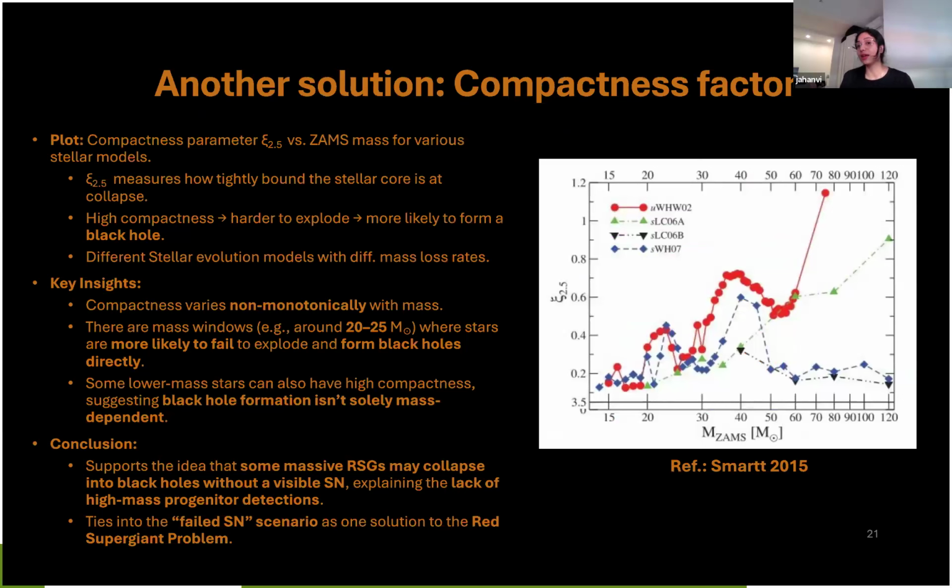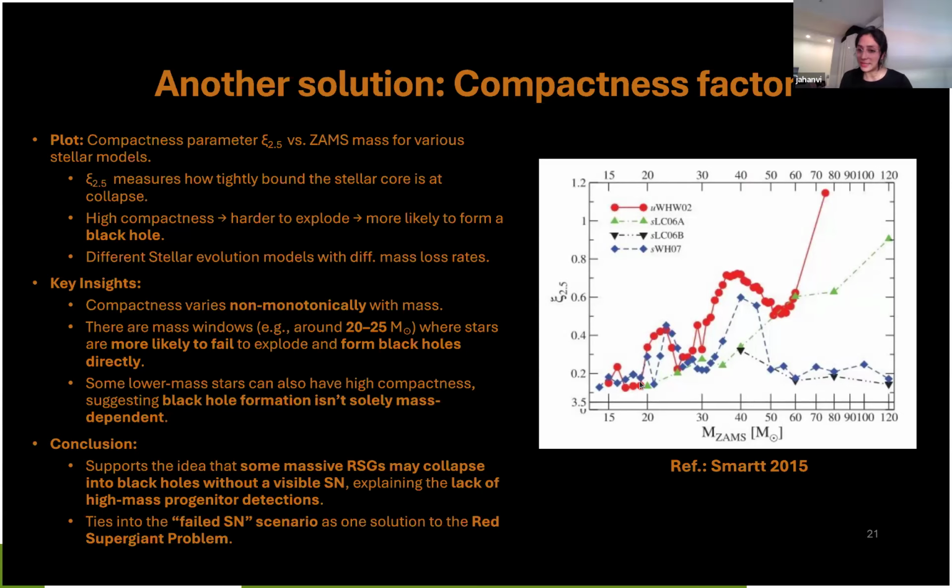Another solution that Smartt actually suggested in his paper is the compactness factor. What is compactness factor? Basically, it measures how tightly packed your stellar core is at collapse. So if it's higher, it means that the star will collapse and not explode. Here we are using different models again, and based on which model you look at, you will have different conclusions for sure.